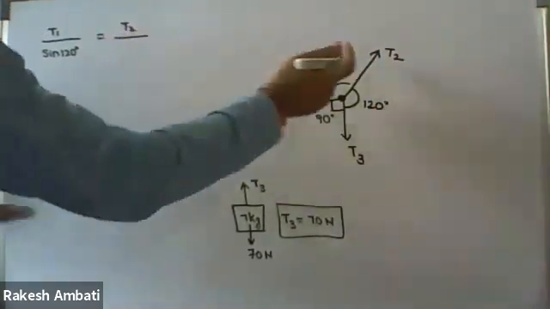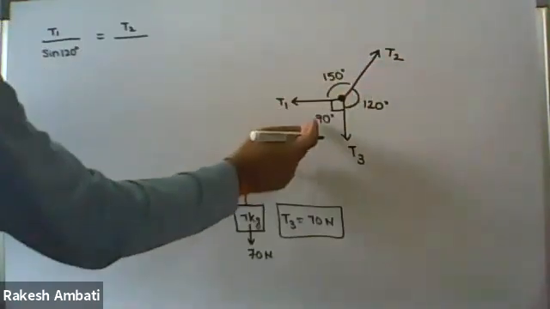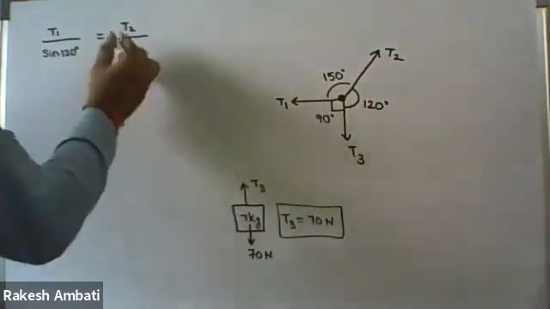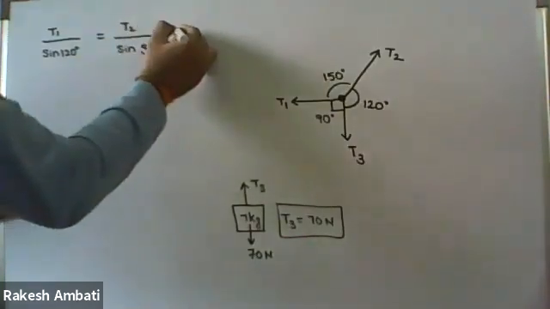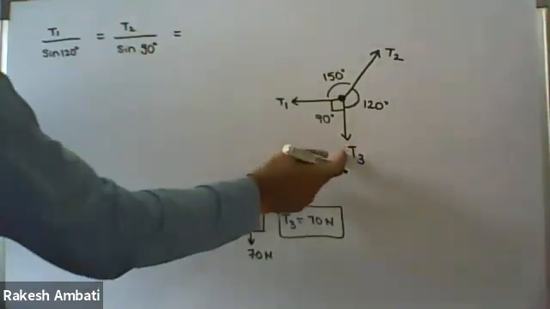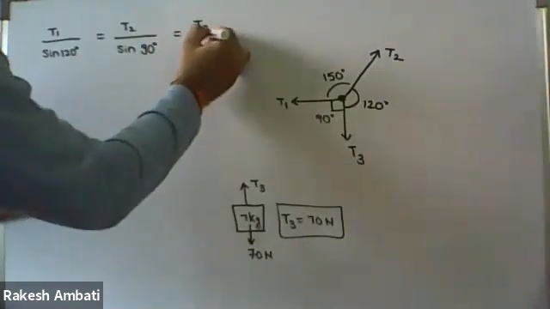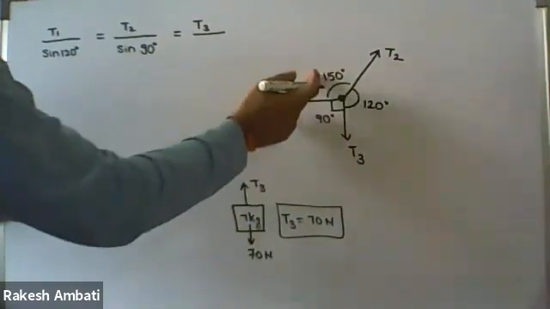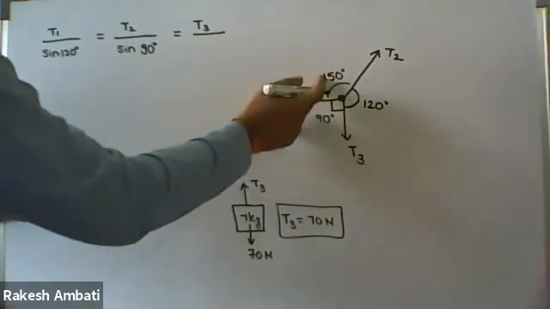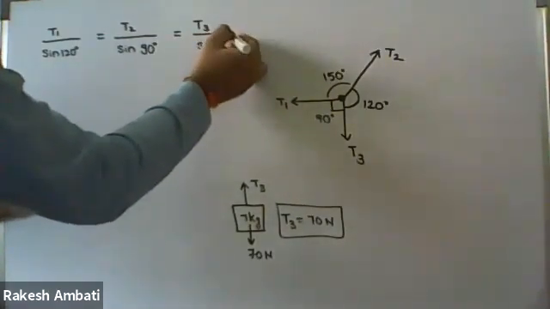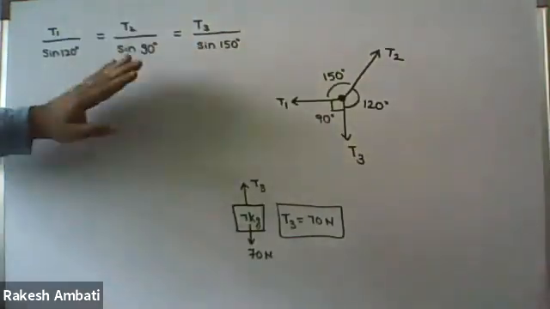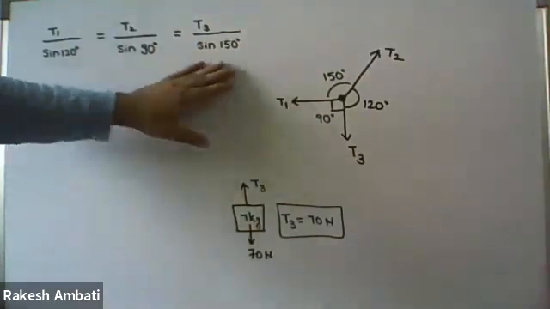For T2, the opposite angle is 90 degrees. So T2 upon sine 90 degrees equals, the next one is T3. For T3 tension force, the opposite angle is 150 degrees, so T3 upon sine 150 degrees. So here we applied Lami's theorem.